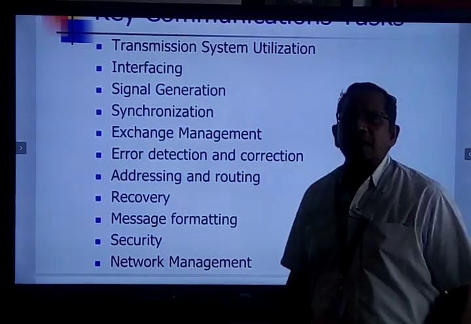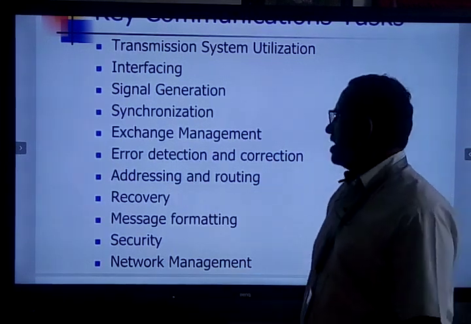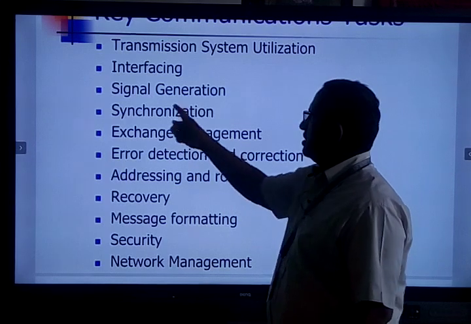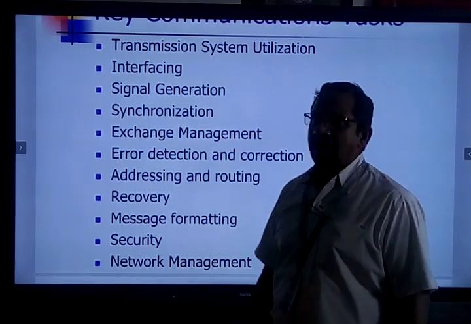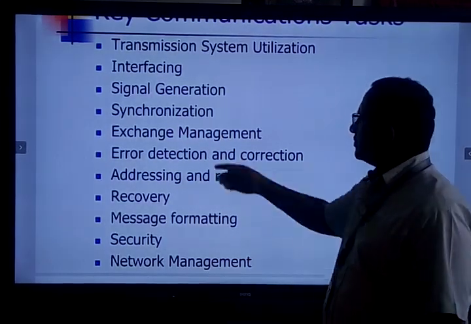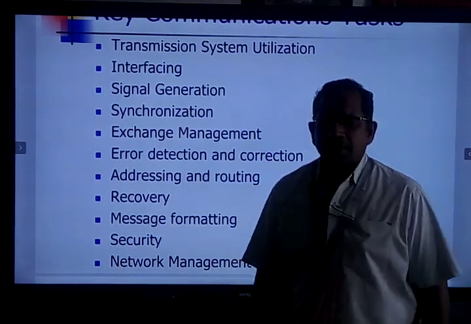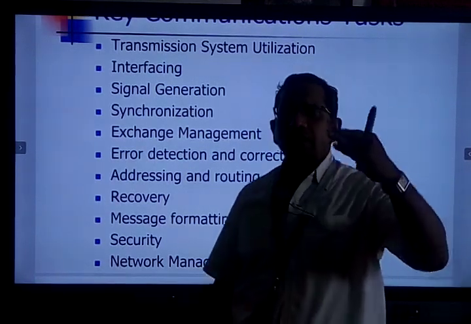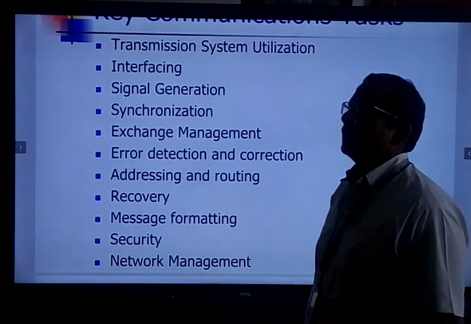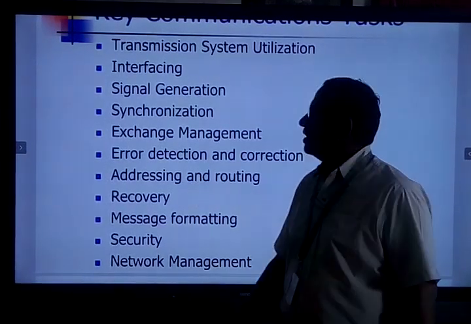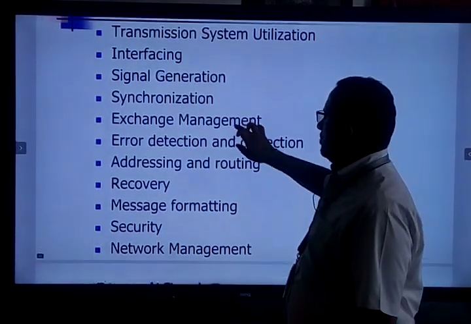Synchronization of the data between source and destination has to be there. We normally perform this synchronization in the layered network architecture, usually at the session layer.